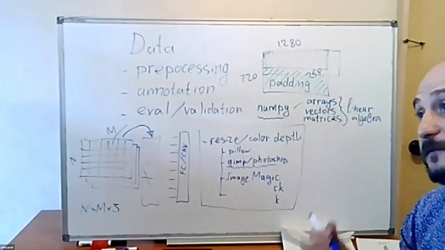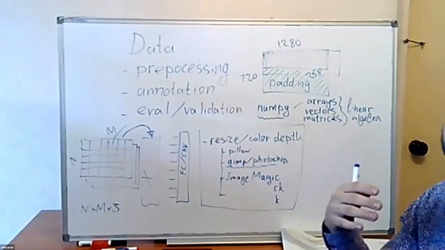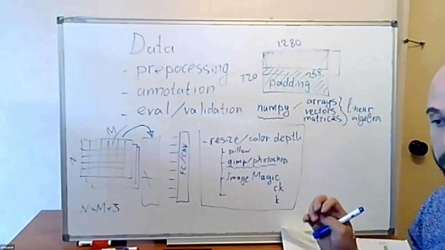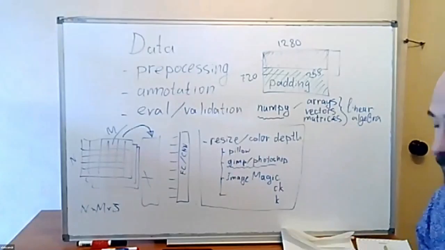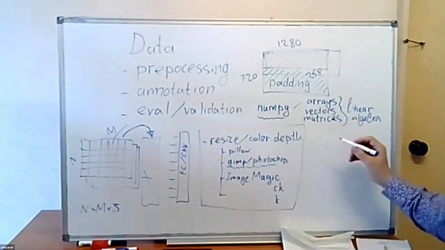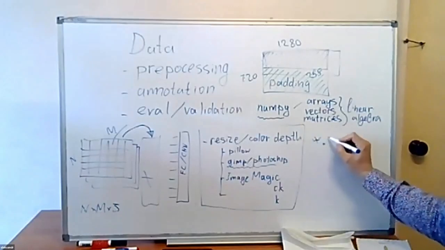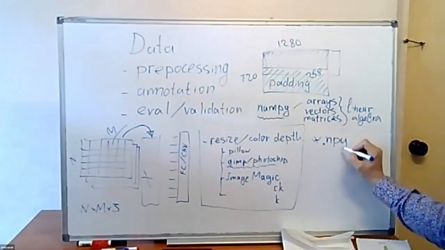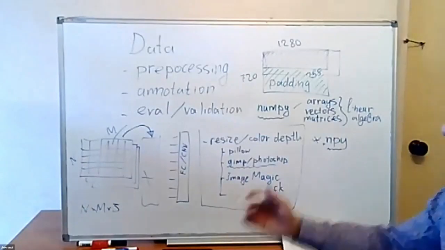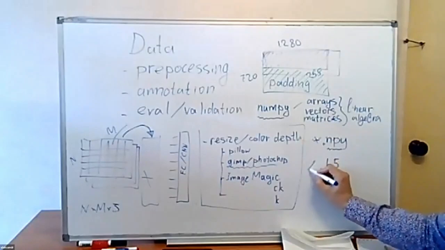So when we save images or any other input data, or even if we want to save the binary representation of our model, we can use files like NPY, which means NumPy serialized format, and also there is a format called H5.